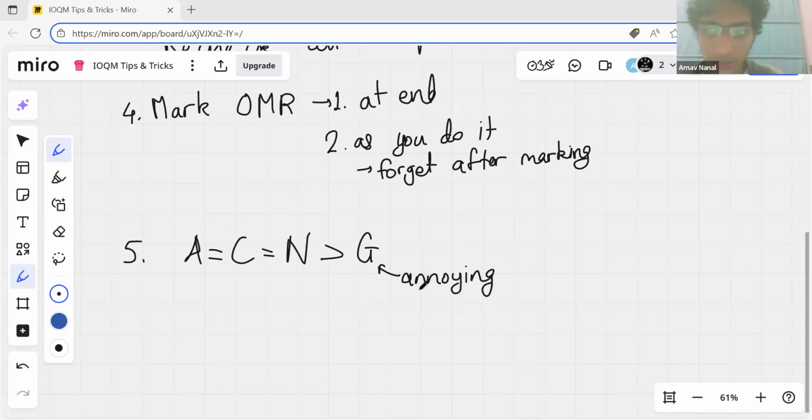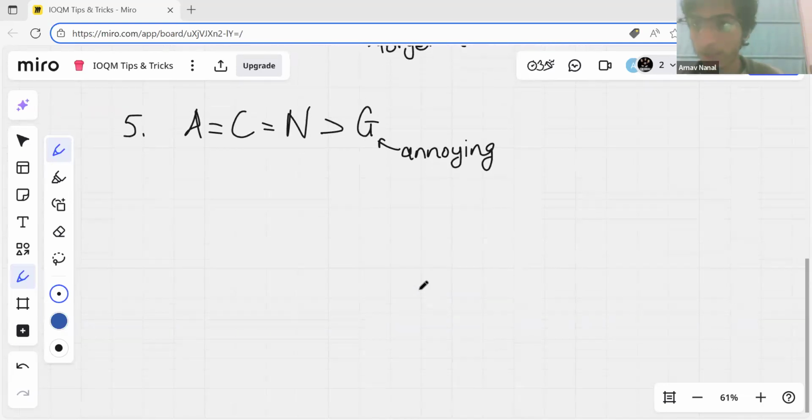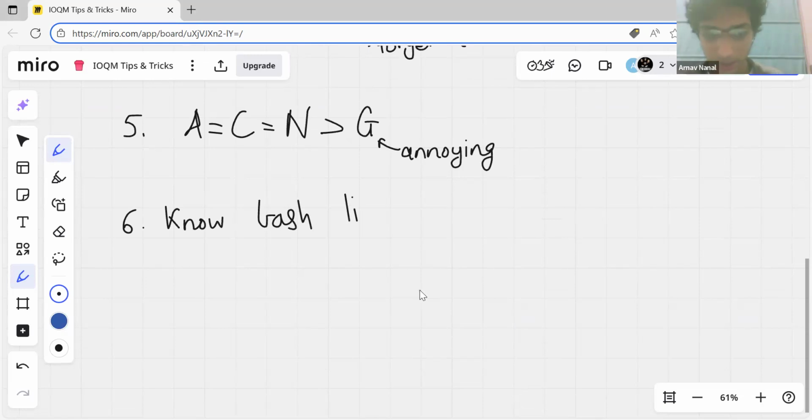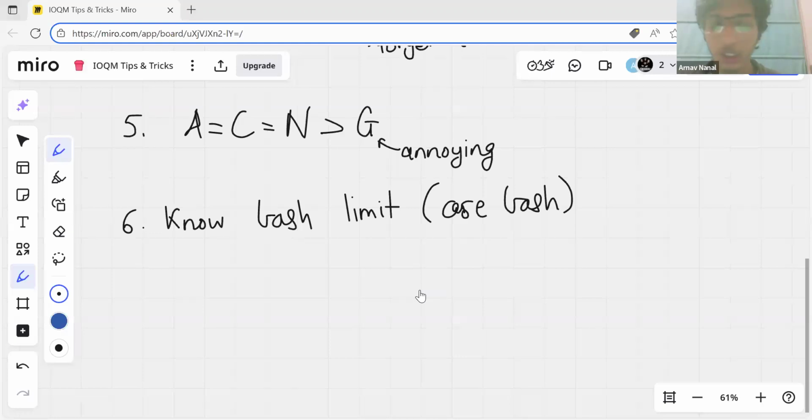Okay, next thing is know your bash limit. Everyone has a bash limit. For bash, I don't exactly mean geometry, but a general bash like case bash. If you reduce a problem, maybe there exists an efficient way of reducing it even more, but you can also start manually checking cases directly. That depends on how fast you can check them or how fast you can batch the cases.